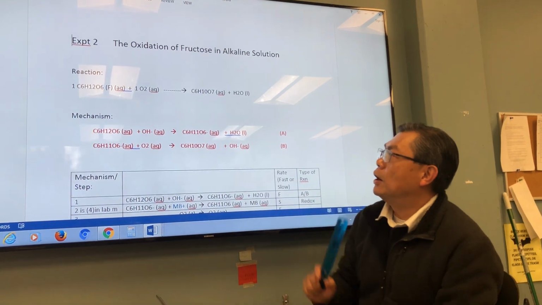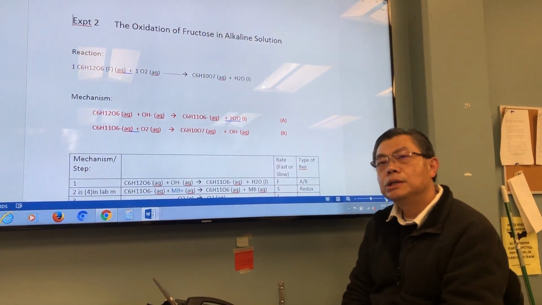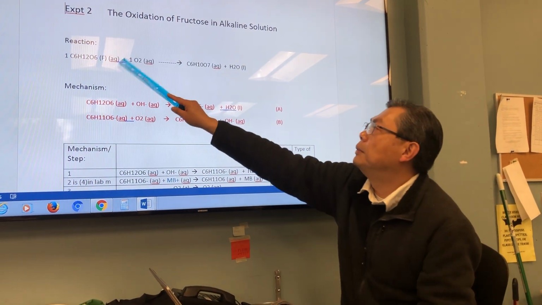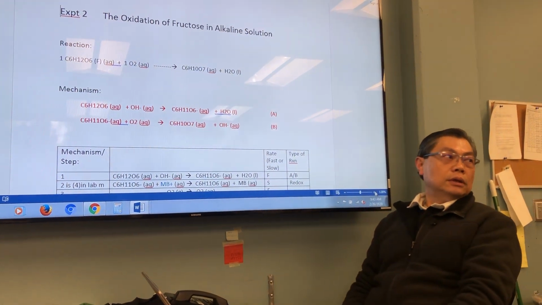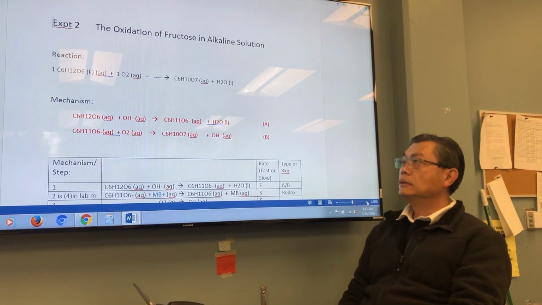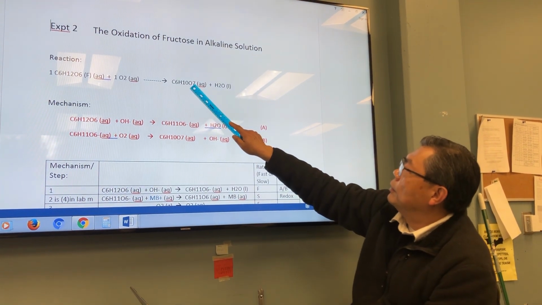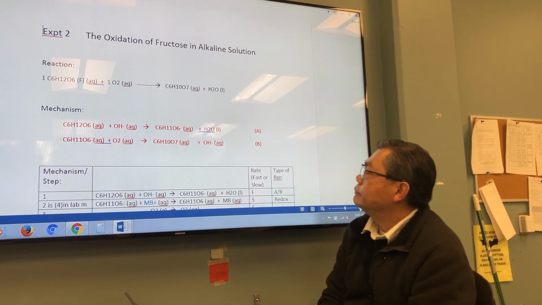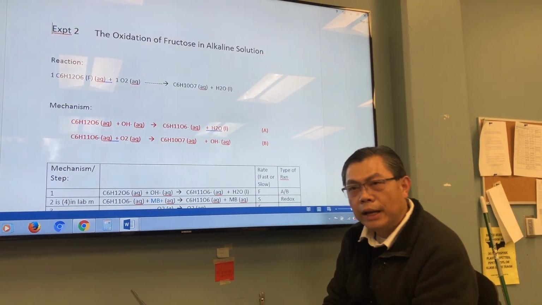Then we have oxygen. Of course, the oxygen is aqueous, meaning dissolved or soluble in water. Both are dissolved in water, aqueous, not oxygen gas. Then you form your product, and then you have your water. So that's your reaction.